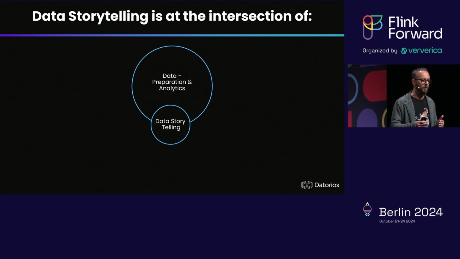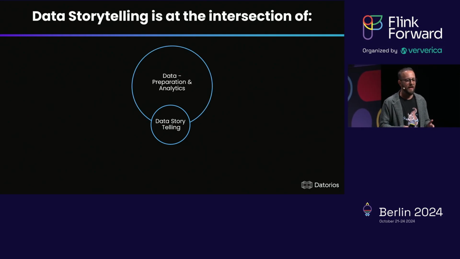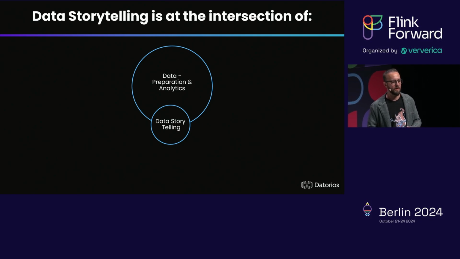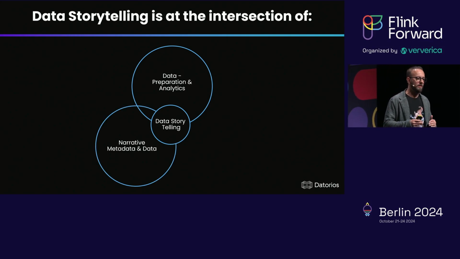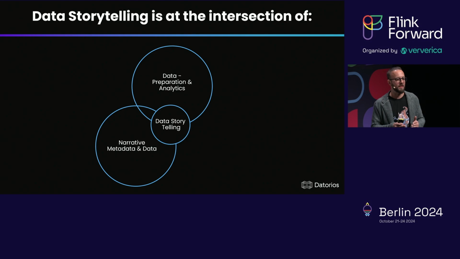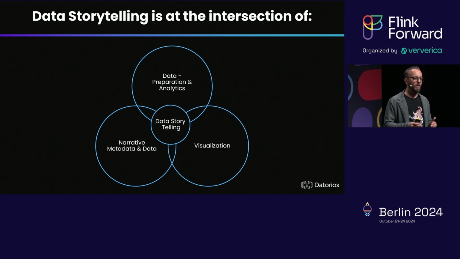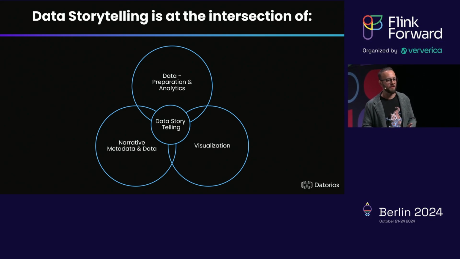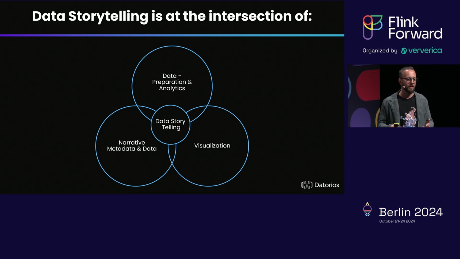The first one would be data: the facts, the numbers, the trends, everything which provides the foundation for the upcoming steps. The second one would be the narrative, the story that gives the data context and meaning. The third one would be the visualization, which is the graphical representation that brings the data to life and makes the story clear.